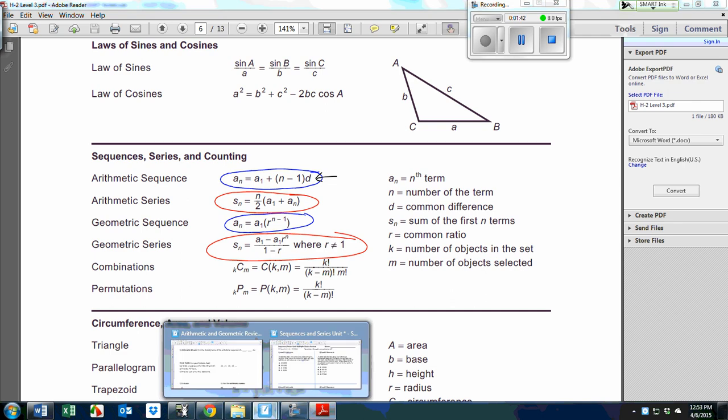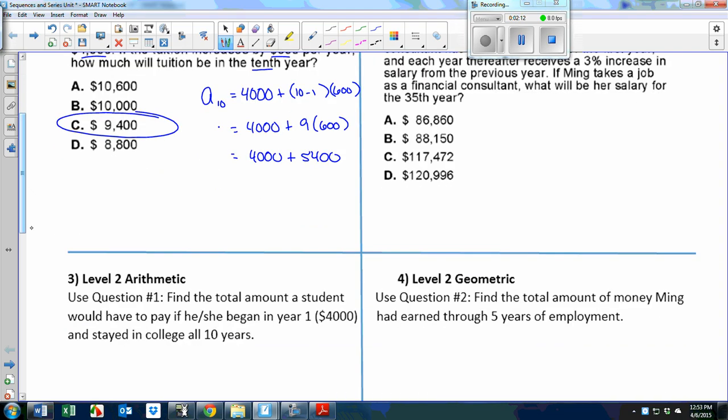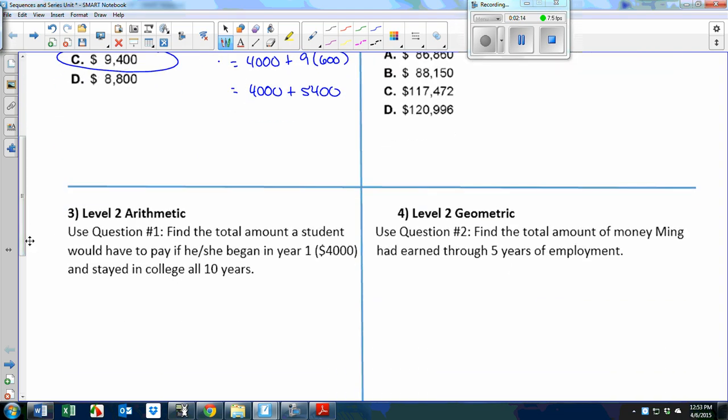That would be a sub 10 equals a sub 1, the first term, 4,000, plus 10 minus 1 times the d, which is the thing you're adding each year, 600. The formula would say that equals 4,000 plus 10 minus 1, 9 times 600, so 4,000 plus 5,400, you get the answer C.